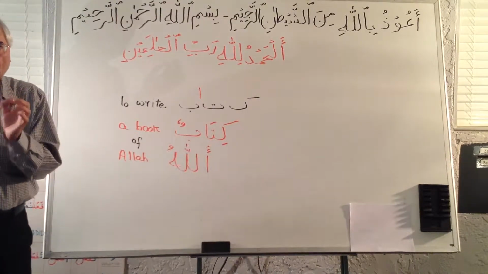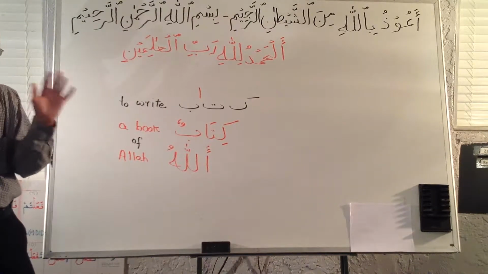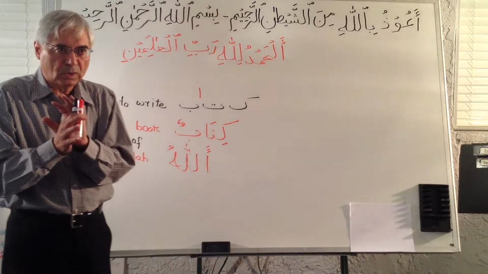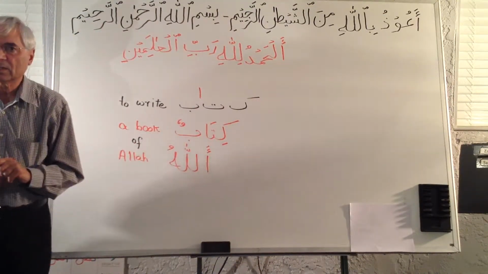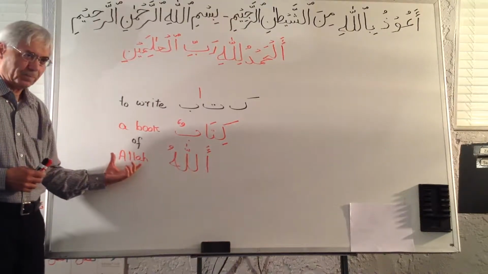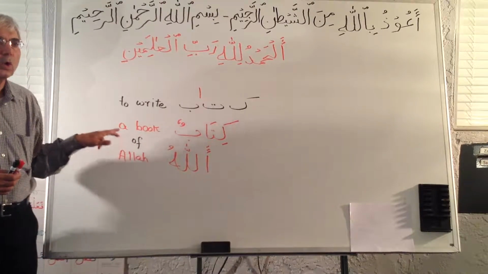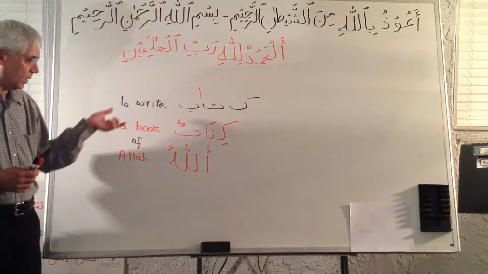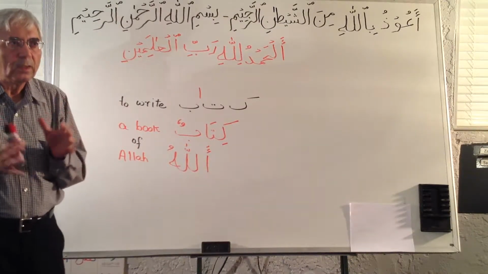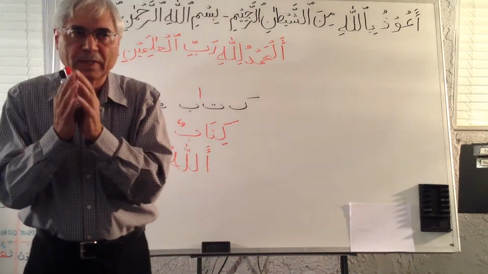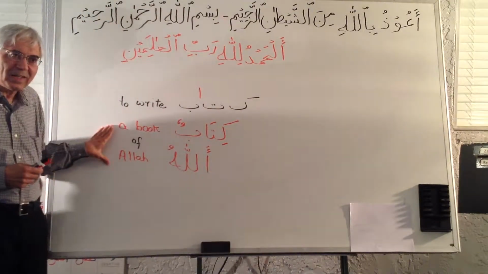One noun is a book and the other noun is Allah. In English, the two letters O and F, of, made a relationship here. So now we understand that two words became a sentence. A book of Allah. We did this in English.